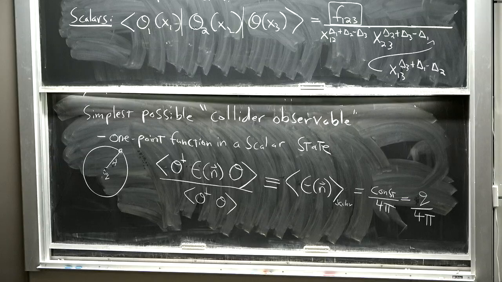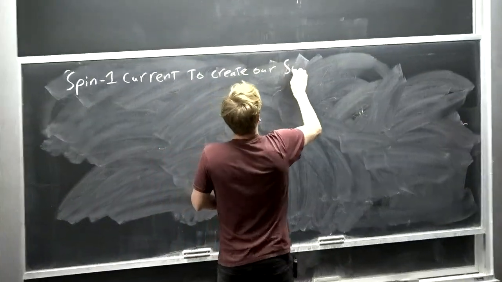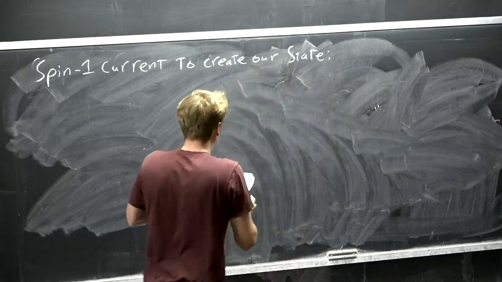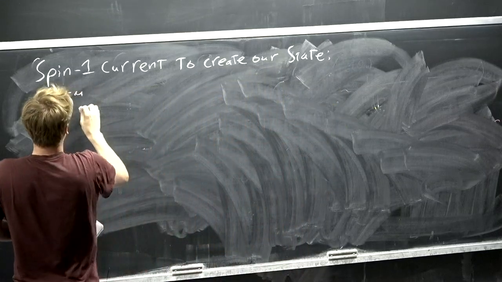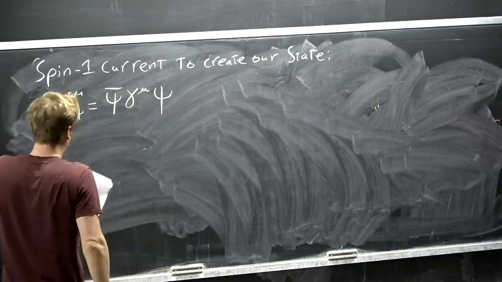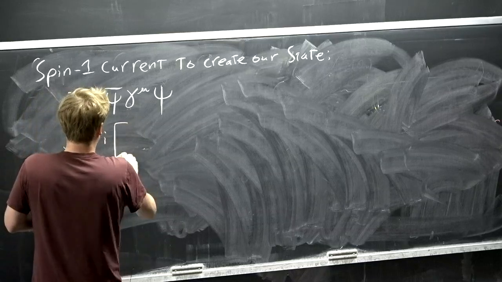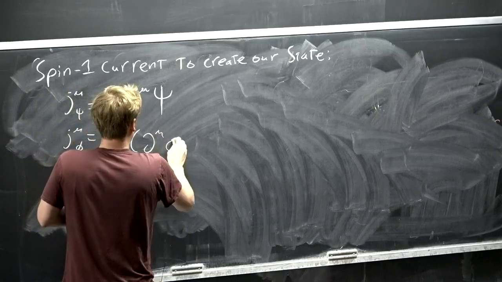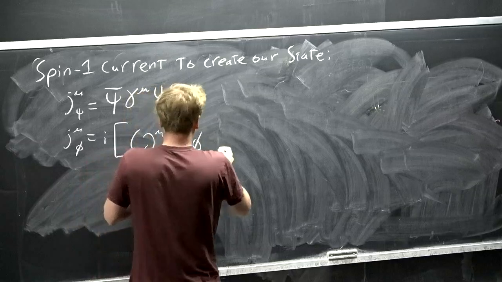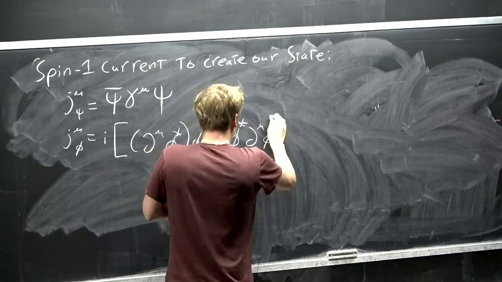So we can use a spin 1 current to create our state. Spin 1 currents are nice: in the real world with fermions, we could have this, and if you have scalars, you can couple them to a U(1) and you'll get this conserved current.